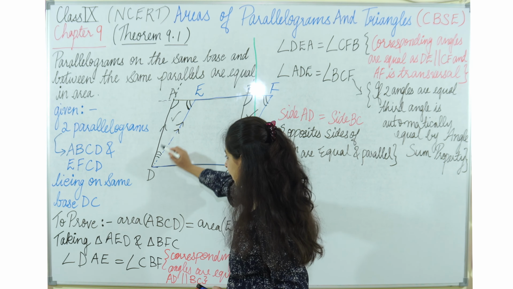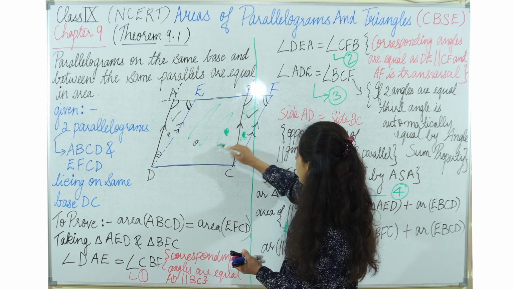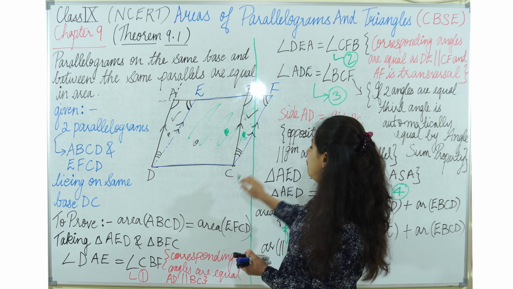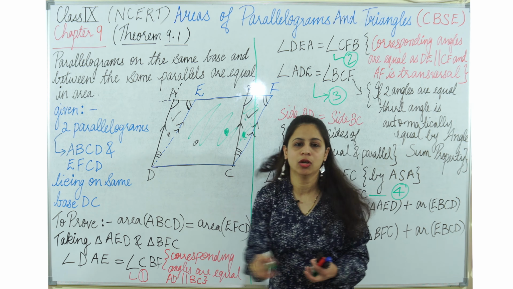And if I join BFC and EBCD, means the area of BFC, this area and this area, if I join these two areas, I'll be getting the parallelogram EFCD. Is it clear?